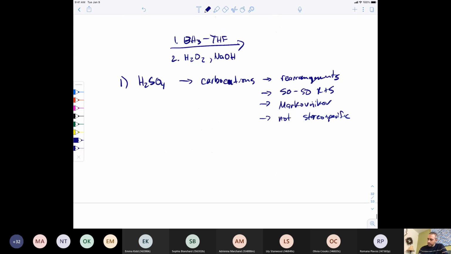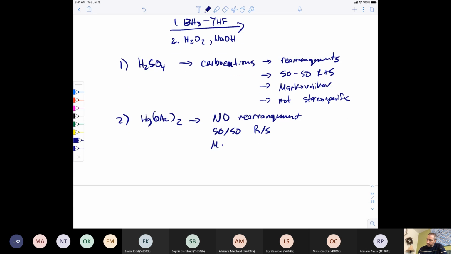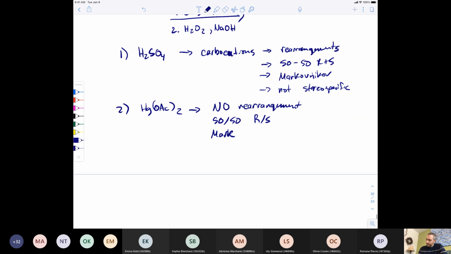The other one, oxymercuration demercuration, has no carbocation, so there's no rearrangement. You still get 50-50 R and S. You still get Markovnikov. And it's not syn or anti, I guess these 2 points are kind of the same thing.